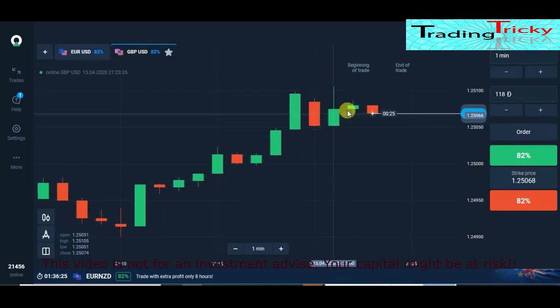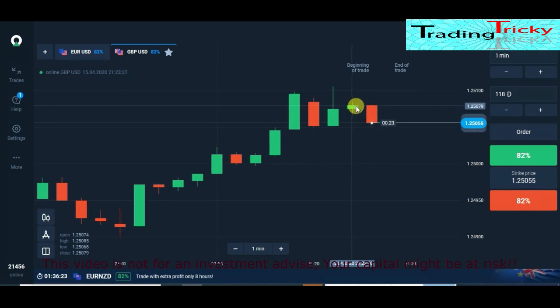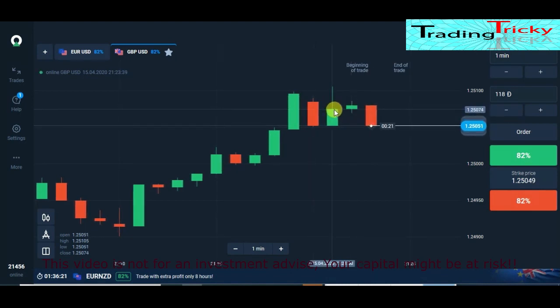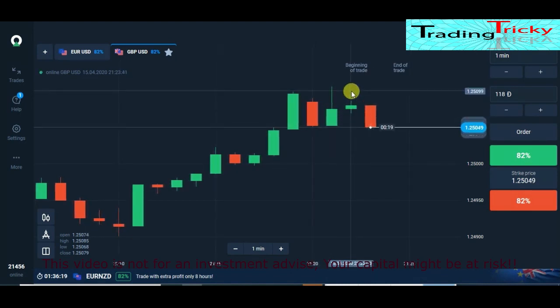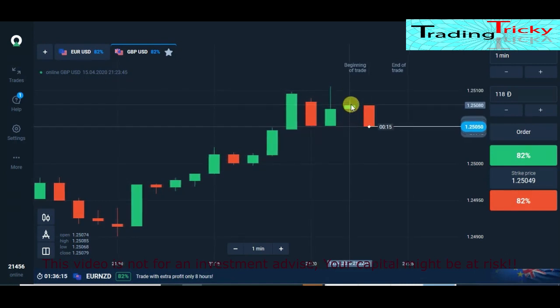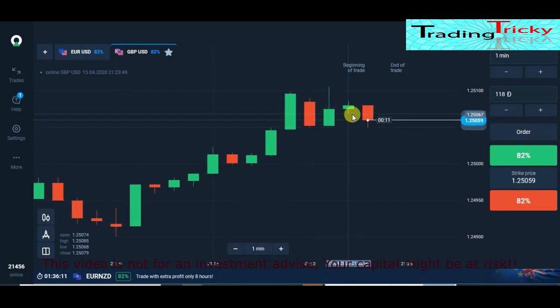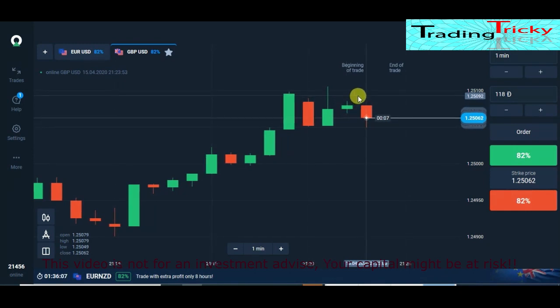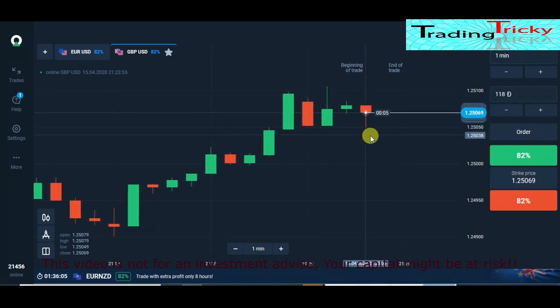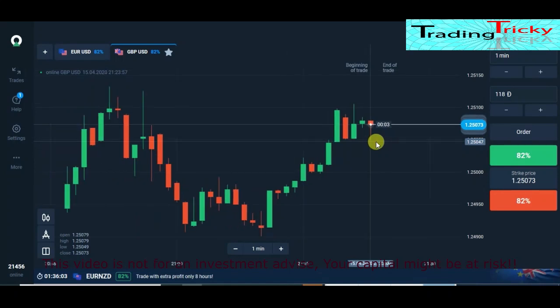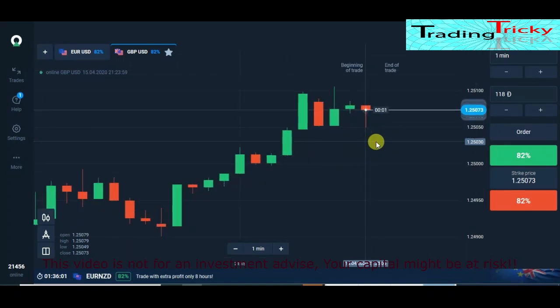Based on this candle, the next candle would be a bullish candle, but sometimes for 2 or 5 seconds that candle turns back and you take losses, and then that candle becomes a bullish candle. That's the problem. So you should always place the trade at the right moment.